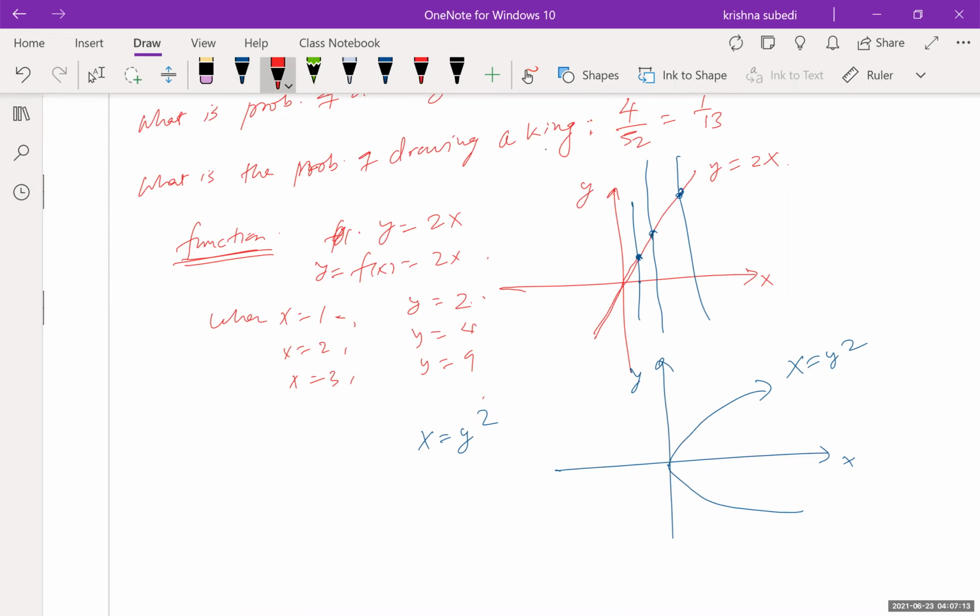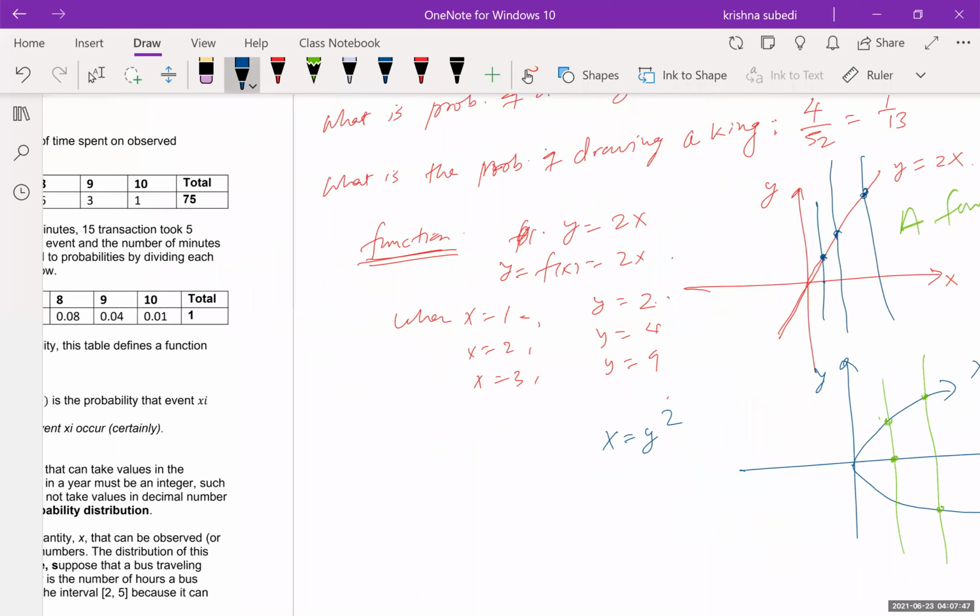Now this is not a function, because when you do the vertical line test, as you can see, the graph crosses at 2 points. So for each x there are two y values, therefore this is not a function. This is a function and this is not a function, because for each x value it cannot have two y values.